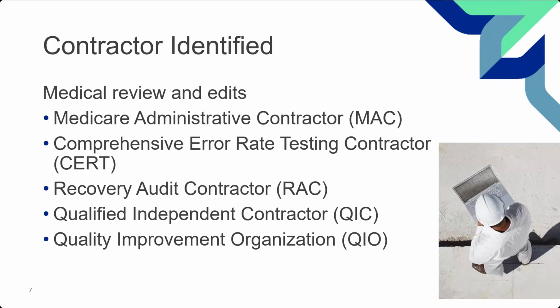The Qualified Independent Contractor is a review contractor that you trigger to start, or the patient triggers to start, because they handle second level of the Medicare appeals process. So the MAC, the person that processed your claim, does the level 1, the QIC does the level 2.